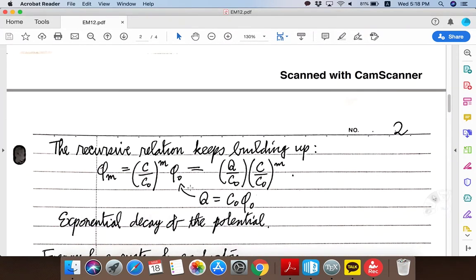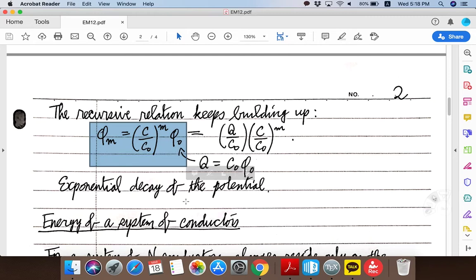Now, this recursive relation can be used over and over again until we arrive at this final form. So now you can see that the potential at the position M is just some power of this small ratio.